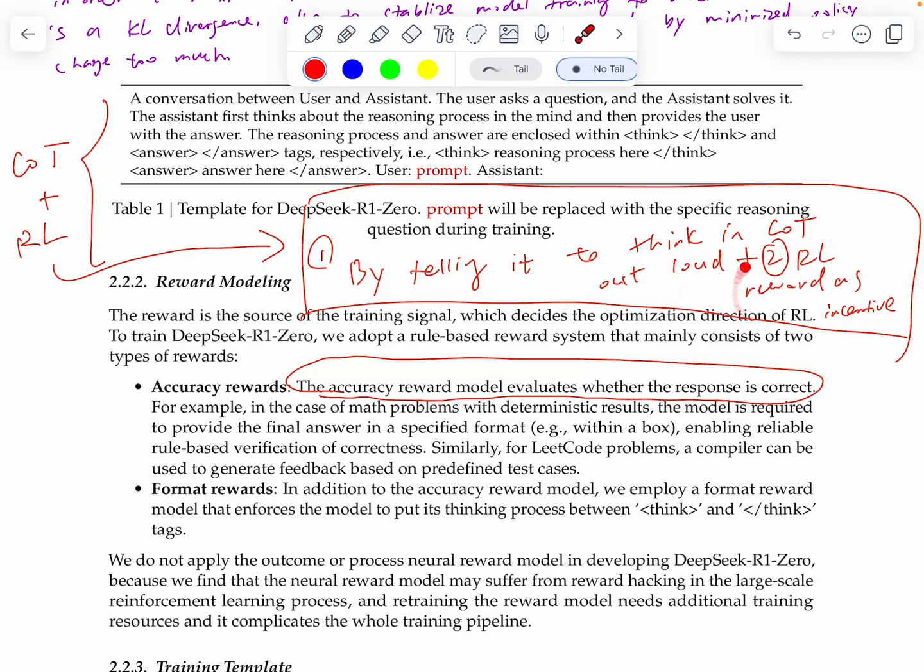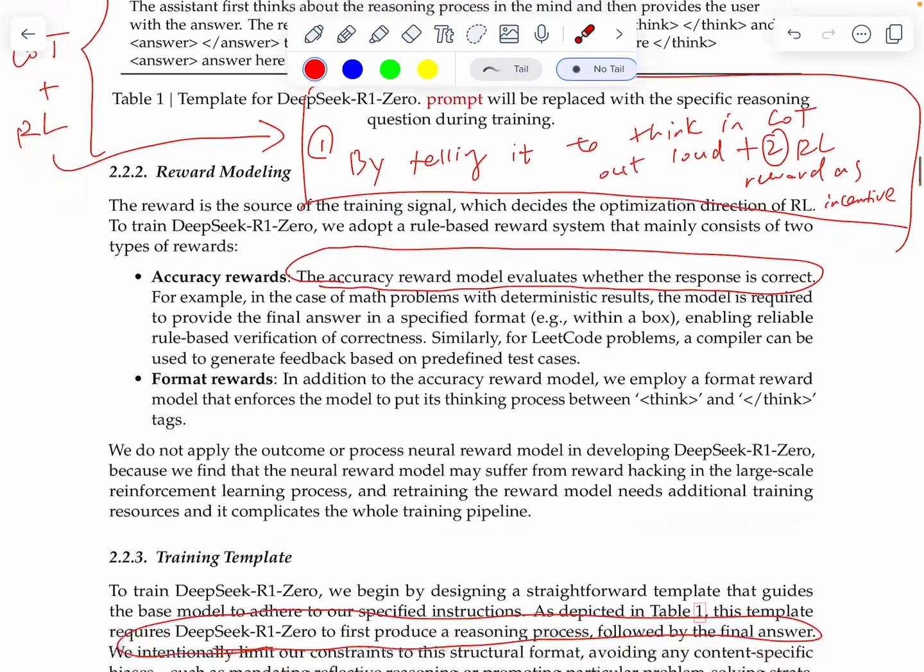That is guaranteed by these RL rewards as incentives. Those two things combined make this R1 model of DeepSeek very powerful, right?